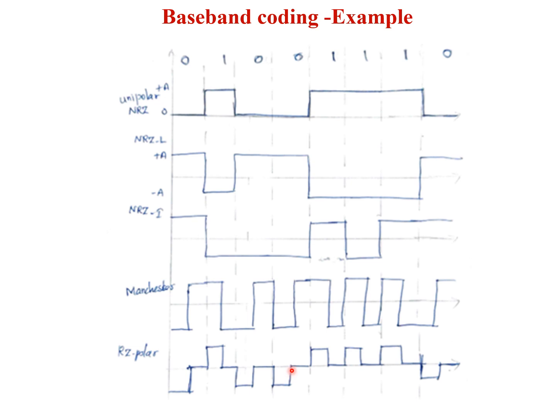Negative pulse, which returns to 0. Then 1 is represented by a positive pulse, which returns to 0. Then 0, a negative pulse that returns to 0. Again 0, a negative pulse returning to 0. Then 1, a positive pulse that returns to 0. Again 1, positive, returns to 0. Again 1, a positive pulse, which returns to 0. Then 0, a negative pulse which returns to 0. So these are the various baseband coding techniques to represent the binary data.